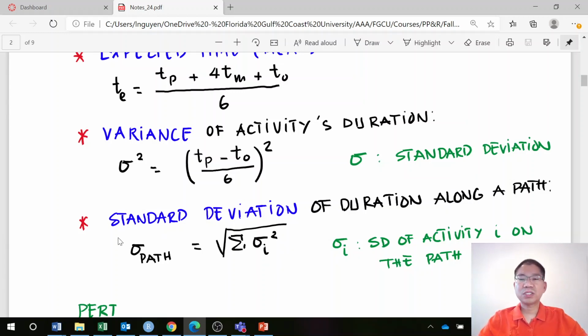To determine the standard deviation, you add the variance, sigma squared, of each activity along the path to make a sum, and then take the square root. So keep that in mind. Don't add the standard deviation, but add the variance as shown in this equation to determine the standard deviation of the project duration. And don't forget to take the square root to get the standard deviation.